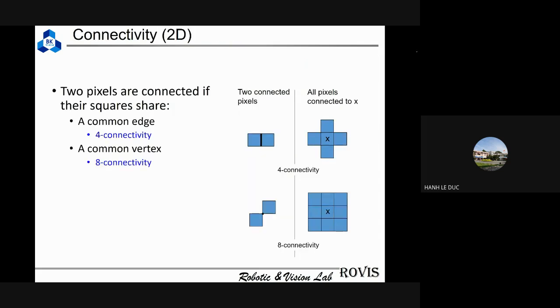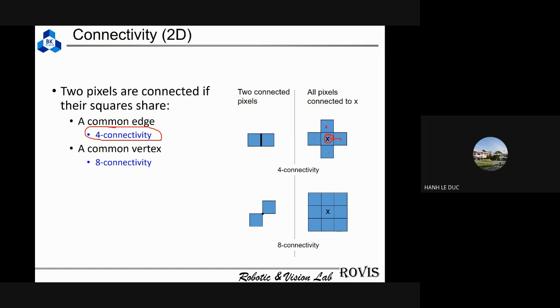The connected component is very simple. For example, you have a pixel here. If we define it as the four connected component, that means the four surrounding pixels will connect with the center pixel.